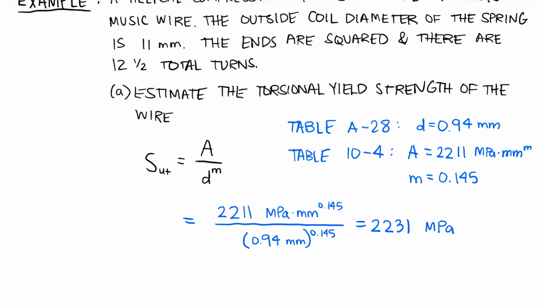Now we need to go to another table. So table 10-6 gives us an estimate of the percent of tensile strength that our maximum allowable torsional stress is going to be.